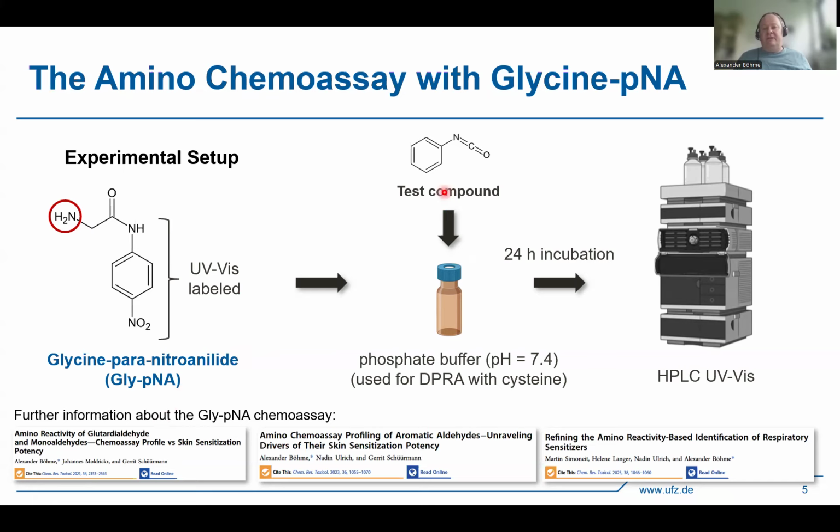We have our test compound, and we incubate it together with the GlyPNA in a phosphate buffer at pH 7.4. Please note that this is actually the same buffer that is used for the DPRA in the cysteine setup. After 24 hours of incubation, we do a very simple HPLC UV-Vis readout, which allows us to calculate the reactivity of the test compounds in terms of percent depletion.